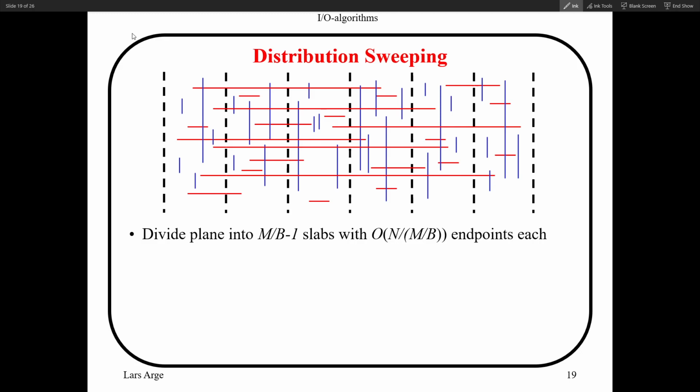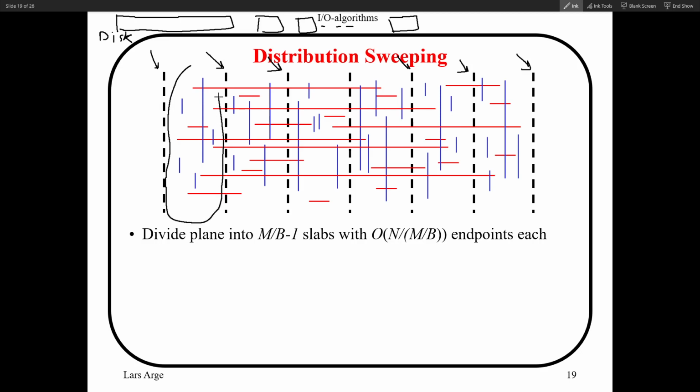What this means is that if this is my input on the disk, I will pick some x coordinates as my splitters. Review the quicksort part, or the distribution sorting part, of the IO algorithms to remember this. So I pick these x coordinates as my splitters, and I can split my input into a bunch of subproblems, where each subproblem corresponds to one slab.